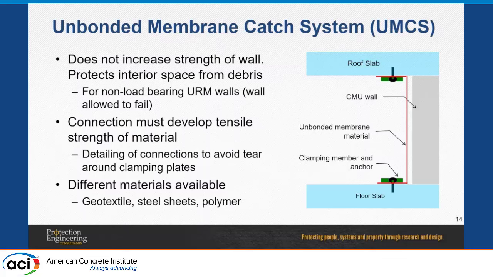Now, in terms of the material itself, there are different options. And there are different documents, papers and reports on this type of retrofit. Options include geotextile, which is the most common, I guess, material used for this type of retrofit, but also steel sheets and some polymers. And believe it or not, I've seen a report, actually from tests done by AFRL, on a polymer.